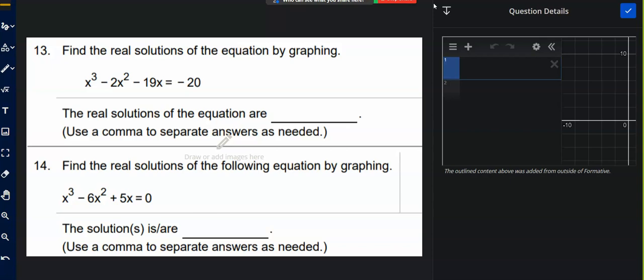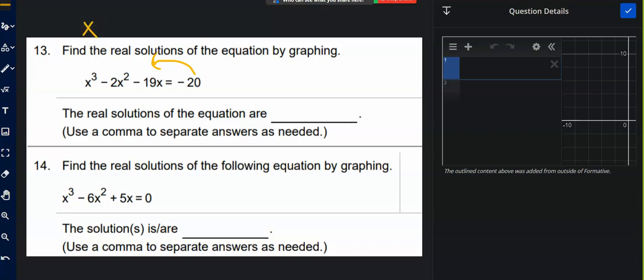Okay, on this next one, we're going to do this in a couple different ways. No matter which way we do it, first on our list is move that constant number to the other side.